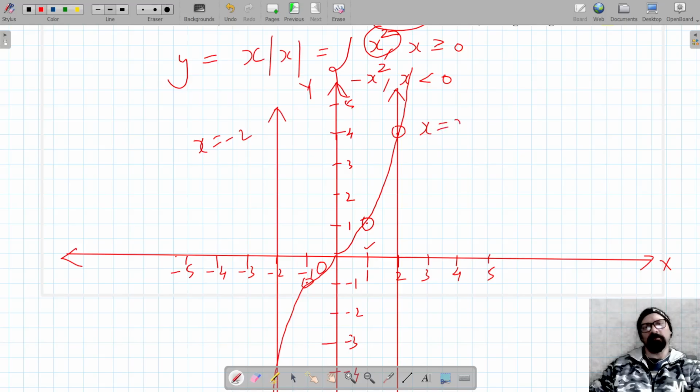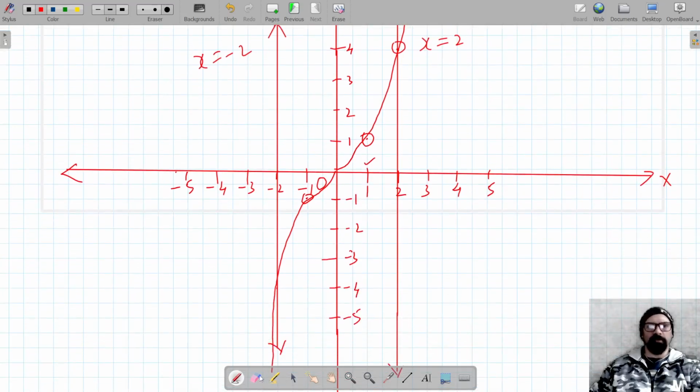Now our concerned area, the shaded area, is this one with this one.